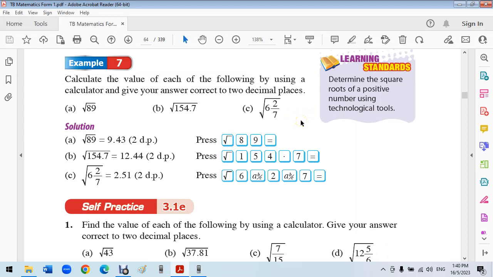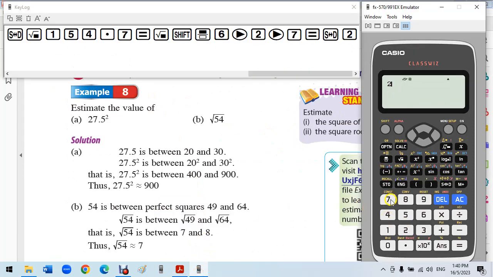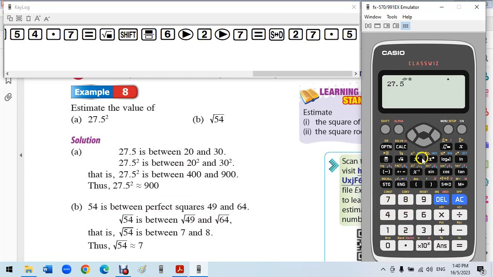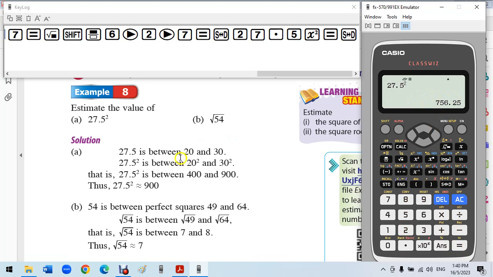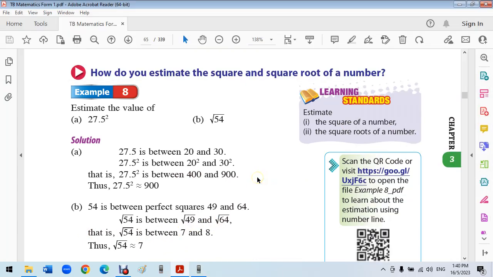Okay, this one they want the estimation. Okay, we do the calculation for the exact value. Okay, then we know that it's near 900 instead of 400, and the square root of 54, okay, is close to 7, so the answer is 7.